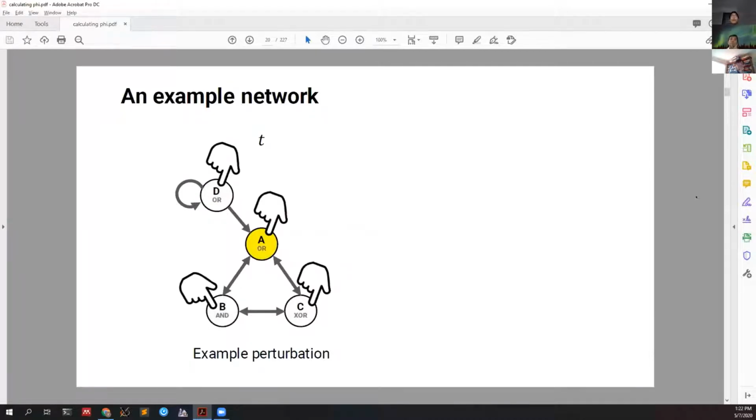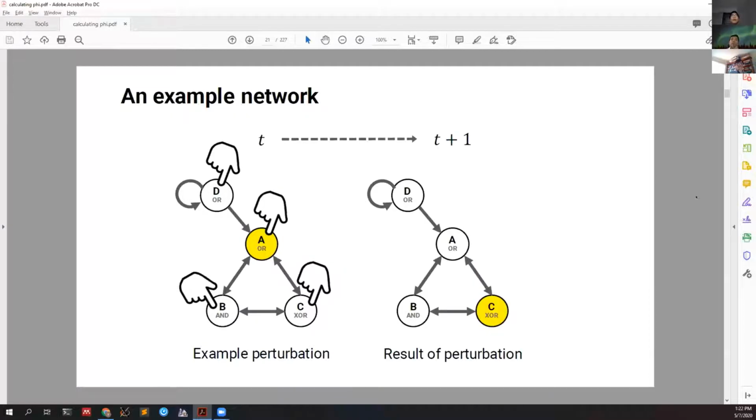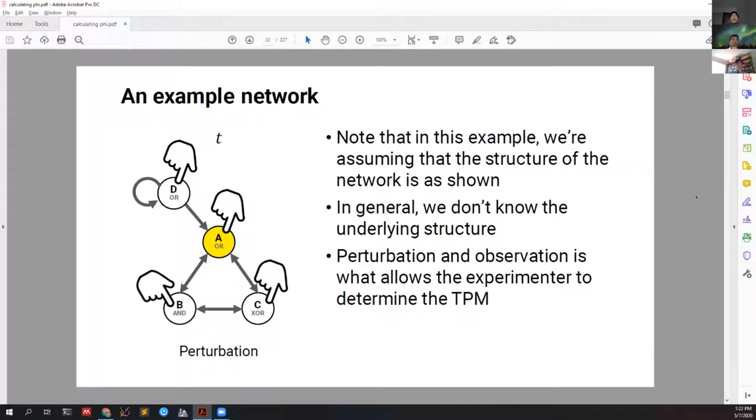For example, we can just try these states at time step t, and then record the results at the next time step, t plus 1. And in this example, we know the structure of the network, which means that, let's say, element C received input from both A and C, but not from D. But generally speaking, when computing TPM from neural data, we don't know this underlying structure, because we don't know which, let's say, neuron is connected to the other.